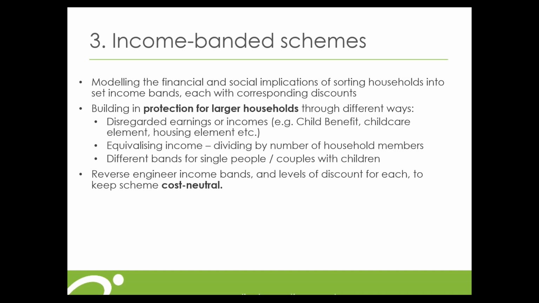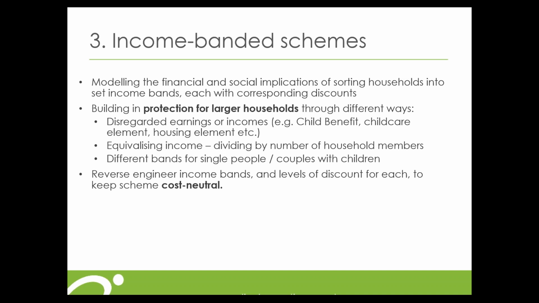This means dividing that income by the number of household members, so that for a household with 5 members, you're left with an income to compare that is more representative. Or you could introduce slightly different bands for different household types. So single people, for example, could be cut off sooner in terms of their income than couples with children.